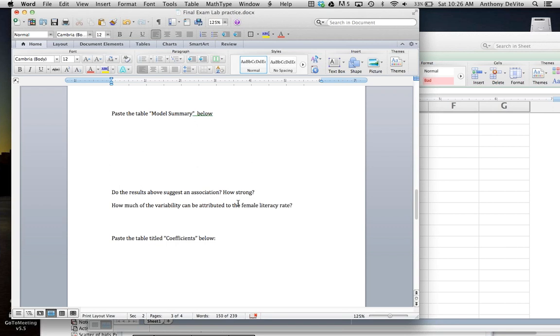Chi-square, odds ratio, relative risk. What are our assumptions? You can probably find those pretty quickly in the book or in one of the PowerPoint slides. What are our assumptions for correlation and regression?